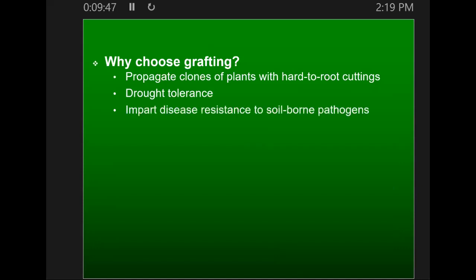Disease resistance, they're finding, if you have a good rootstock that has really good resistance to soil-borne pathogens, and then you put the stem tissue, the scion, on that from a plant that's less able to resist disease, that's a good solution. They use it for dwarfing, in order to create dwarfing varieties of different species of plants.